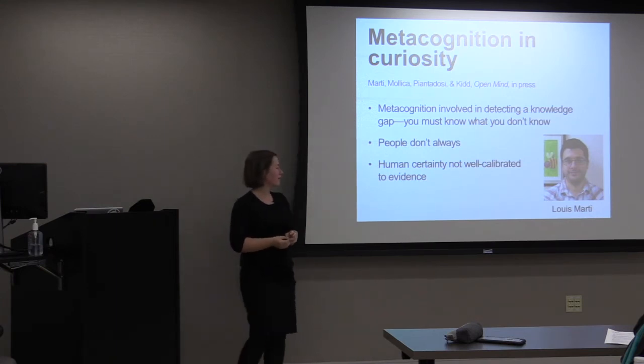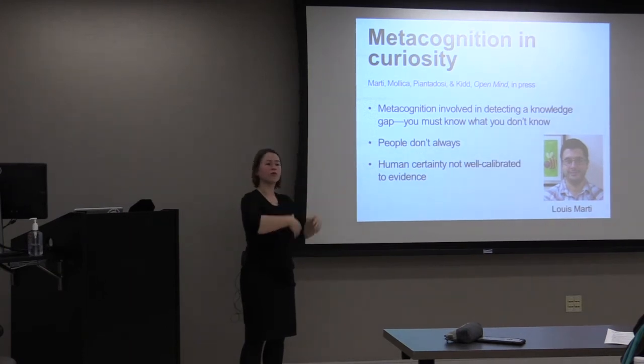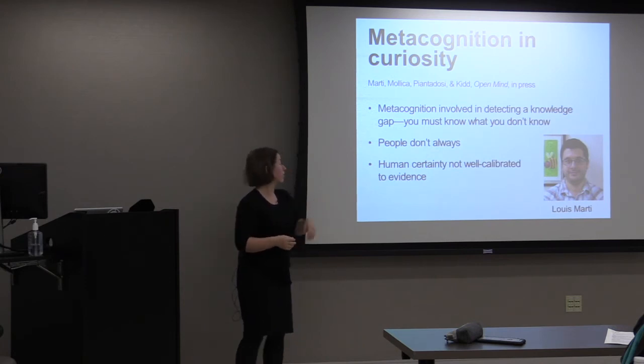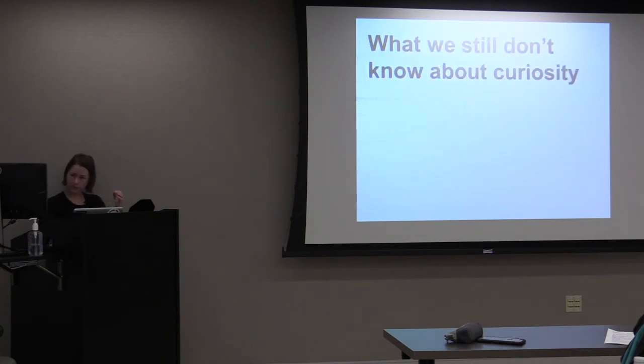Interestingly, the best predictor of human certainty is not how certain you should be given the evidence, but whether or not whatever mental model you are using is working, your feedback. So if you keep getting things right, if things keep working, you're confident that you have the right idea, even if you shouldn't be. That's interesting, and maybe a topic of interest to you guys, so you should stop me and ask about it if so.